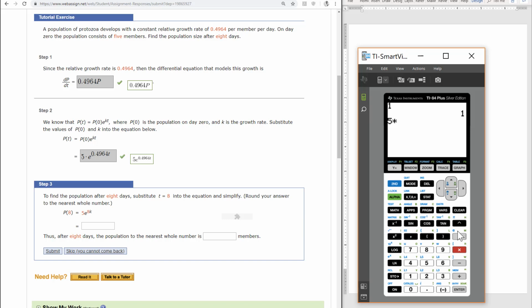So the e function is second function in this divide sign, and then we want to go to a power. Sometimes it depends on your calculator. You might just see a caret, or you might see this, but in any case it's always safe to put parentheses.